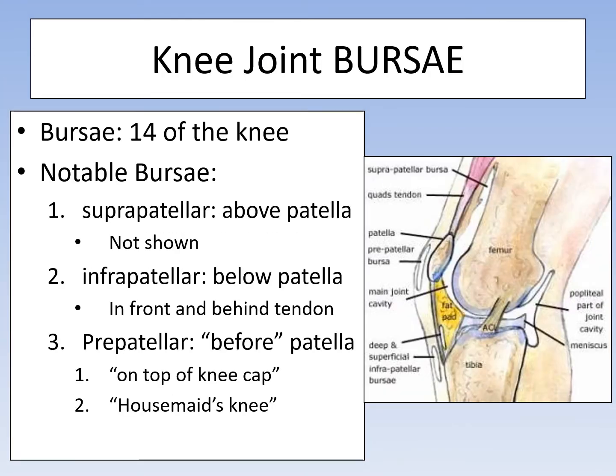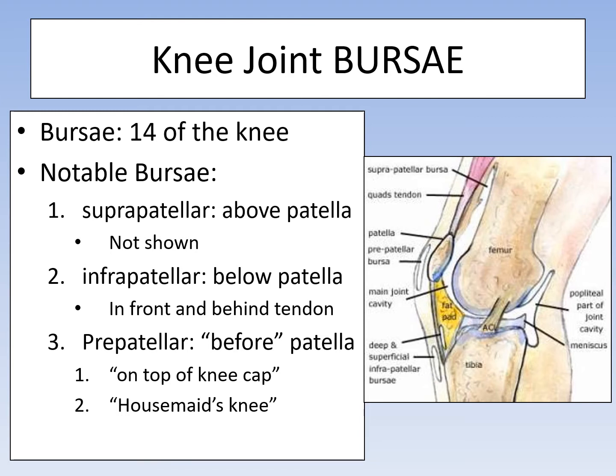There are 14 bursae located in the knee joint. You see 3 listed on this slide, and they are named by their location. So suprapatella would be above the patella.